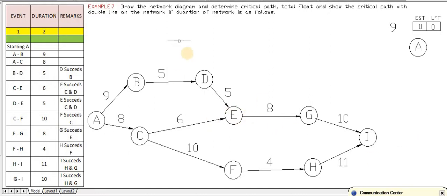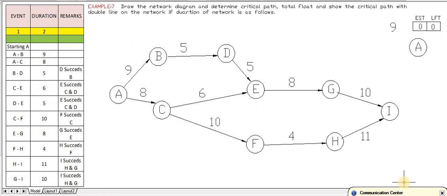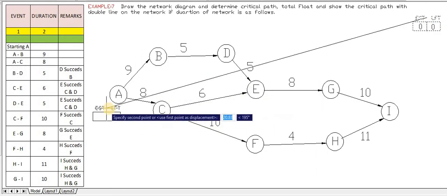Next thing is we have to find out the EST, that is the earliest starting time, and the latest finish time. So first we will copy this. After drawing this network diagram, we have to find out the earliest starting time and latest finish time. So we will copy this in front of each. First it will be blank.